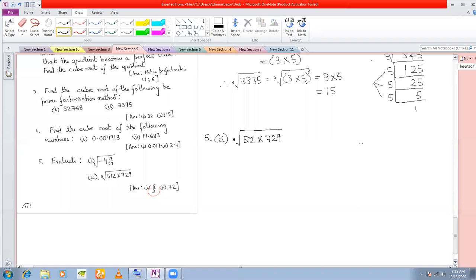Now what you can do is you can prime factorize. If you don't remember your cubes, you can prime factorize 512 and 729 both. Even if you don't remember your cubes, you can still do this by prime factorization.